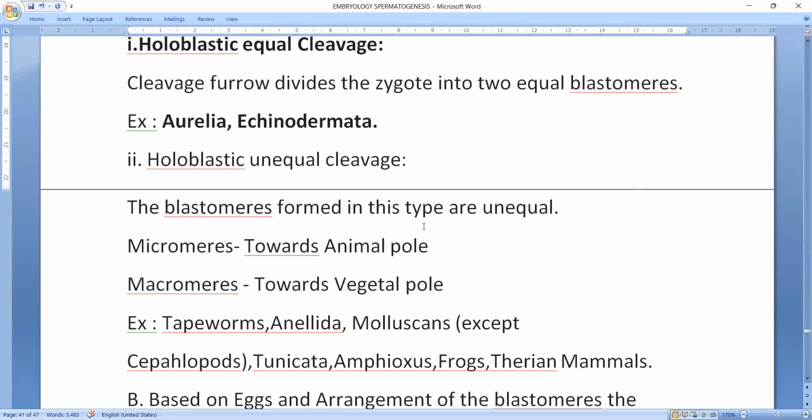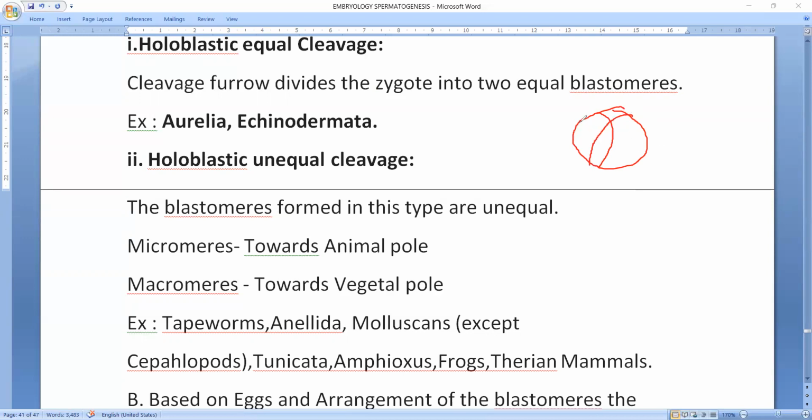Not in all echinoderms, particularly sea urchins. And the second type of cleavage is holoblastic unequal cleavage. It is seen in many types of cleavages. For example, if it is a zygote, the first division will be like this, the second division will be like this.